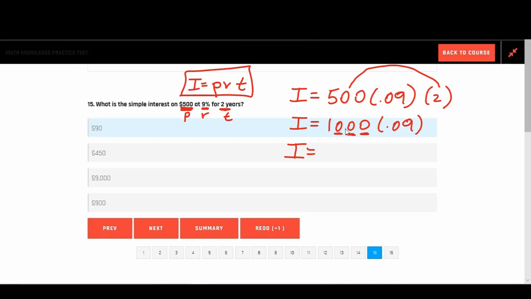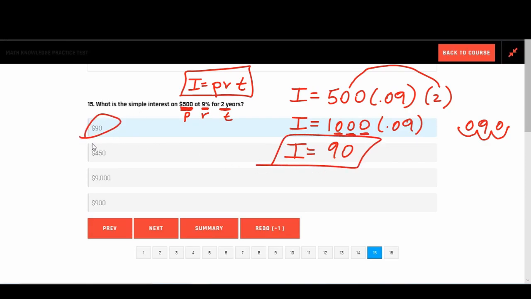So in 1,000, there are 3 zeros. So we're going to take 0.09 and shift it 1, 2, 3 times to make 0.09 just 90. So to answer this problem, the amount of interest that this investment earns would be $90. Okay?